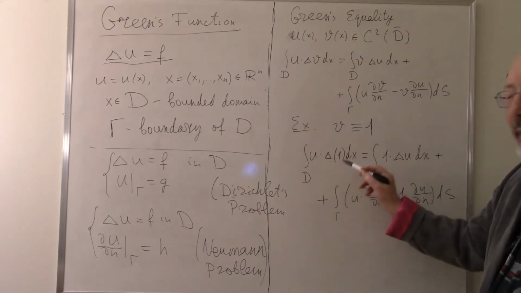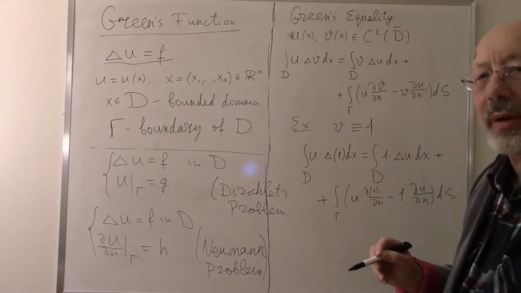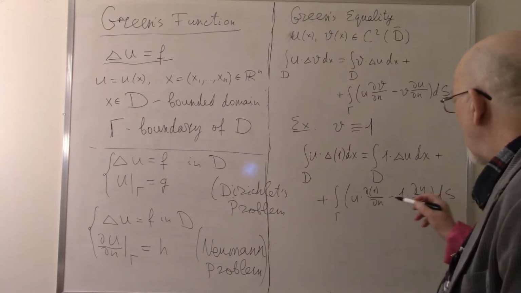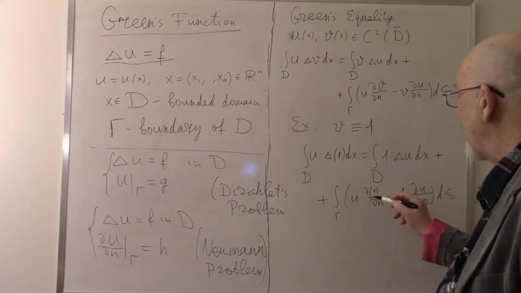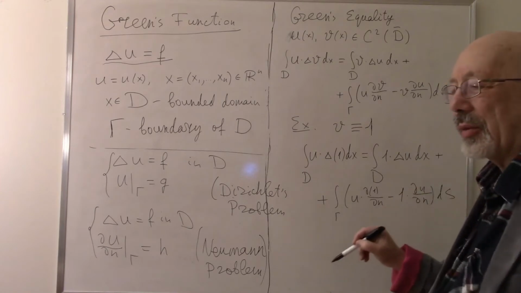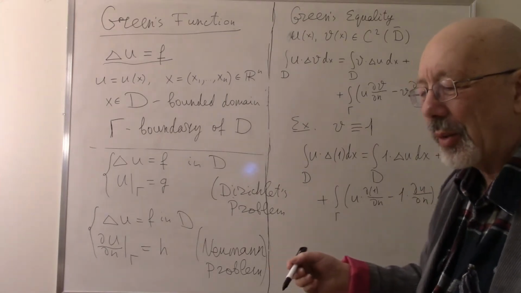Laplacian of 1 is 0, since 1 is constant. The derivative of 1 in the direction of n is also 0 because 1 is constant.